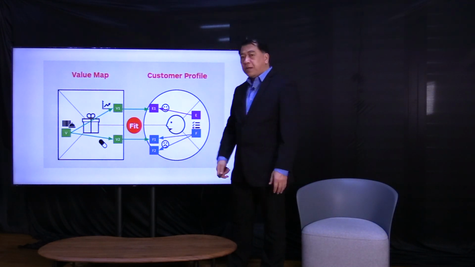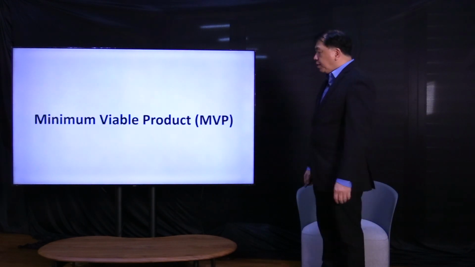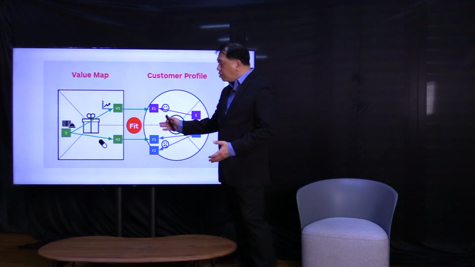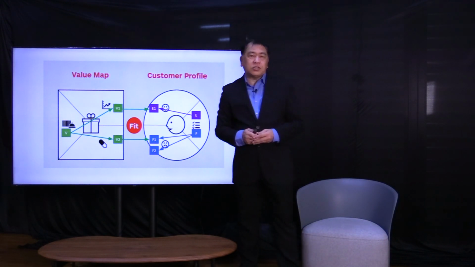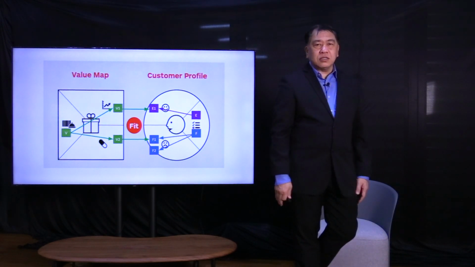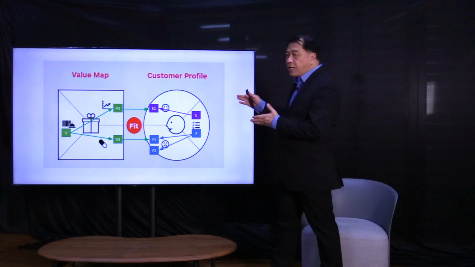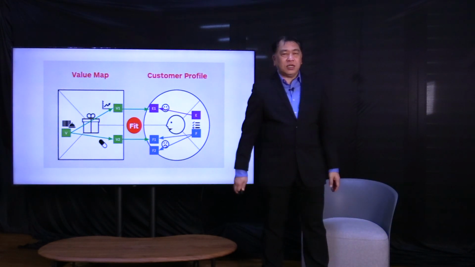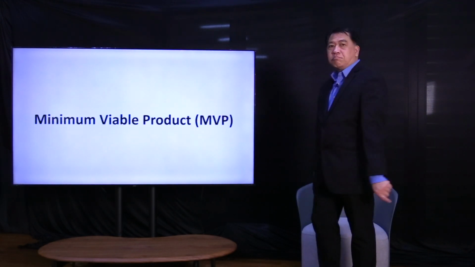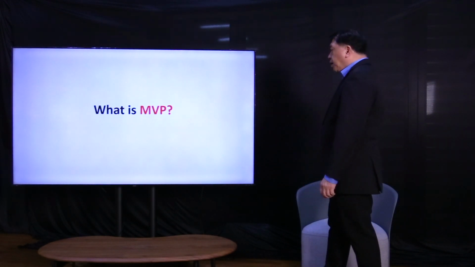The value tool could be about the weight itself, how far it can carry. And therefore, in essence, what we have is a minimal set of features that can address the essential customer needs. That is what we call the MVP, the minimum viable product.